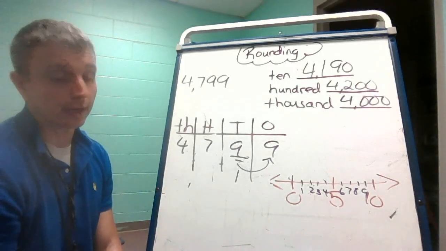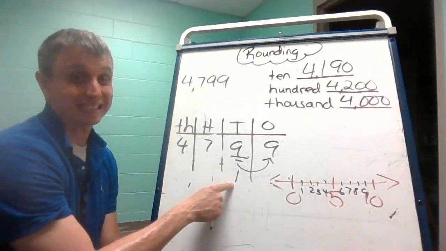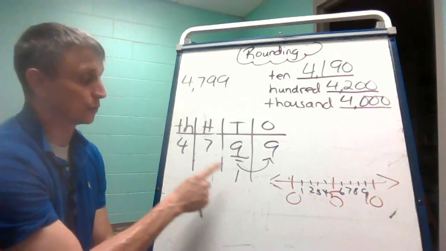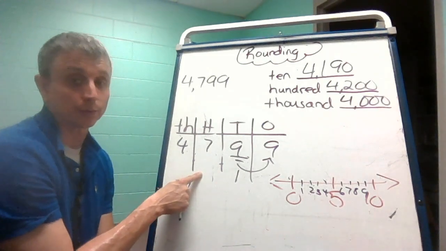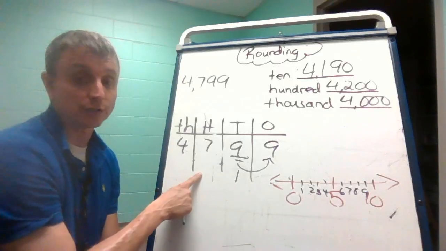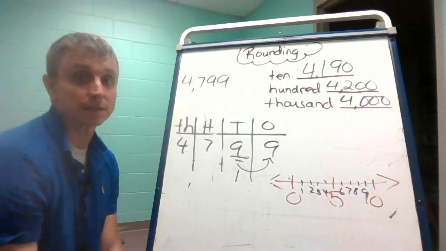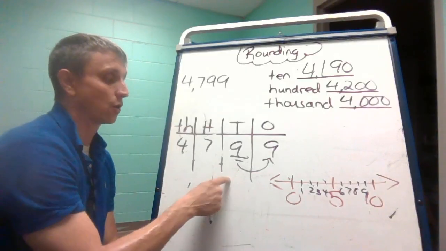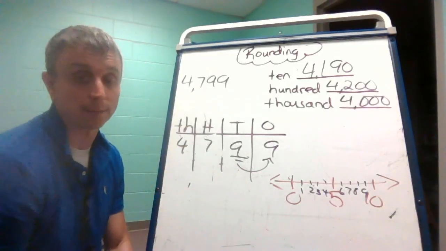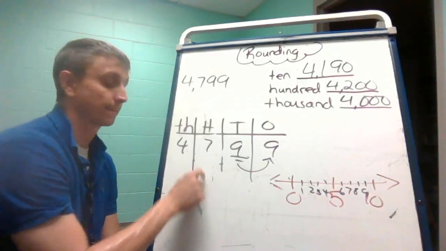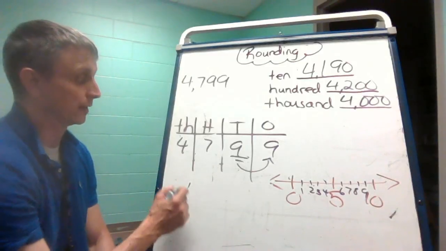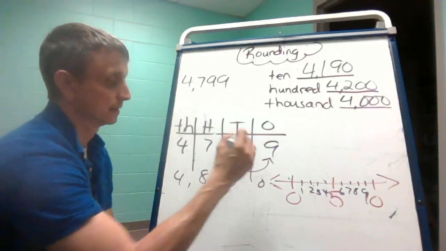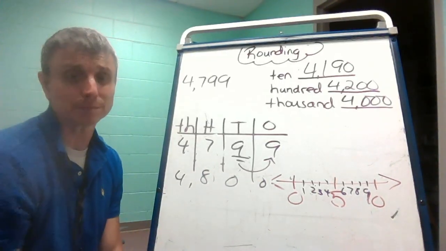Oh my, here we go. 9 and 1. I can't have 10 when I put those together in that place value, so I'm going to move it next door. Remember I told you sometimes we change the greater place value? This is such an instance where you round to the nearest 10, and because of how large these digits are, remember there are numbers with lots of 9s, you're going to have to end up changing the greater place value. So this number to the nearest 10 is actually 4,800. That doesn't happen very often, but it does happen.